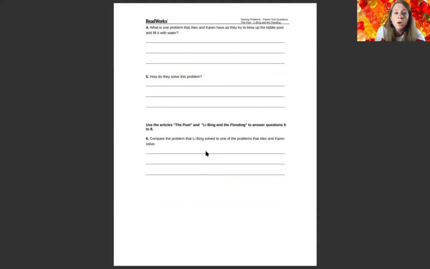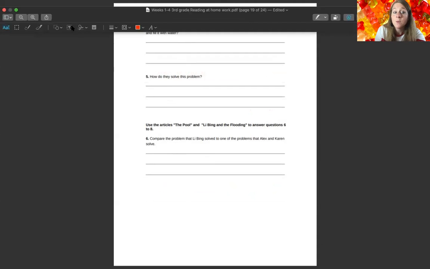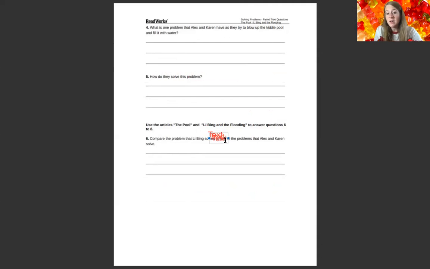Question number 4. What is one problem that Alex and Karen have as they try to blow up the kiddie pool and fill it with water? Okay, so we know that they have multiple problems. Here's the thing. I'm going to kind of guide you guys with this, and then I'm going to let you guys pick what you want because they have multiple problems.